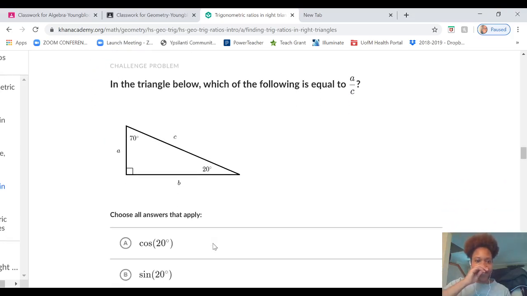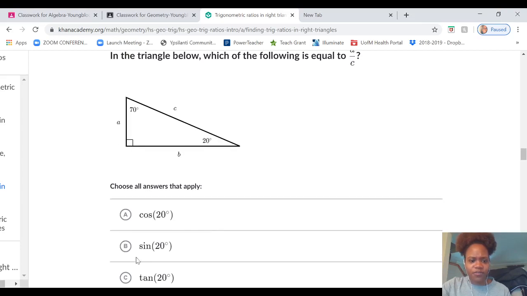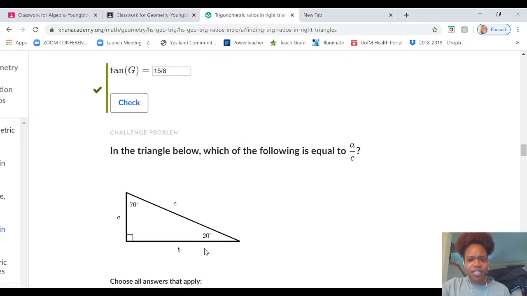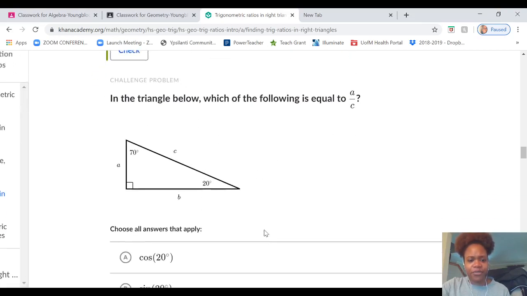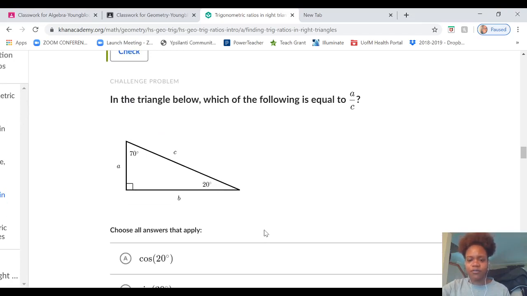Okay, so in this challenge problem, they ask us to figure out which of these options equals A over C. We're just going to go through them one by one and figure out which one does or does not equal A over C. Cosine of 20 degrees.